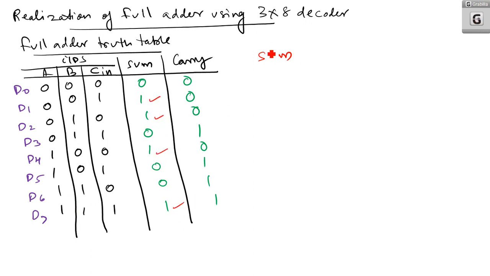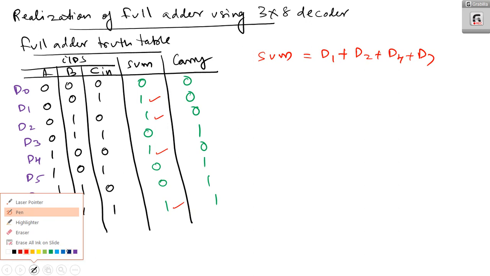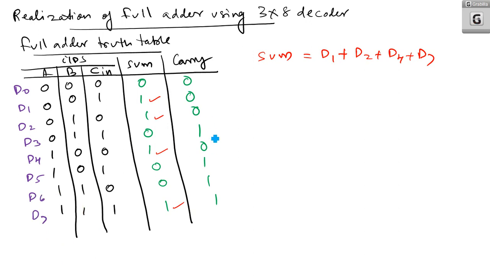Now coming into the expression of carry, you can write it as D3 or D5 or D6 or D7, where D1, D2, D3, D4 and D7 etc. are the outputs of the 3/8 decoder.